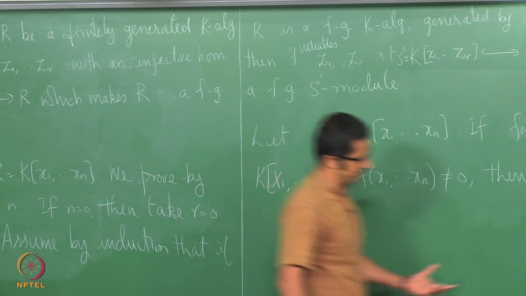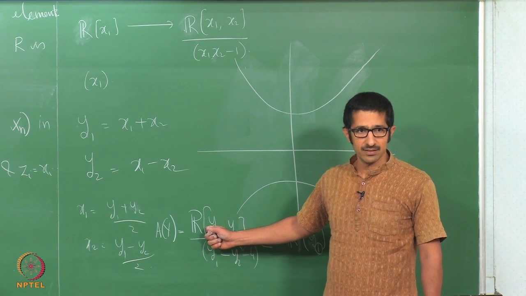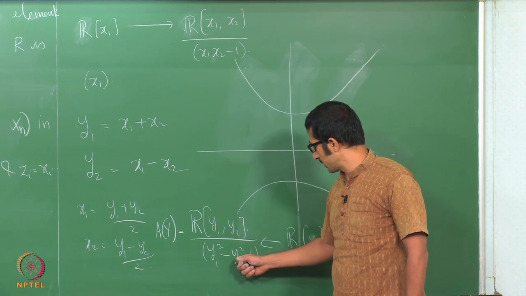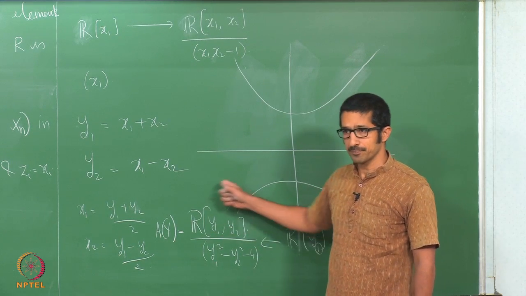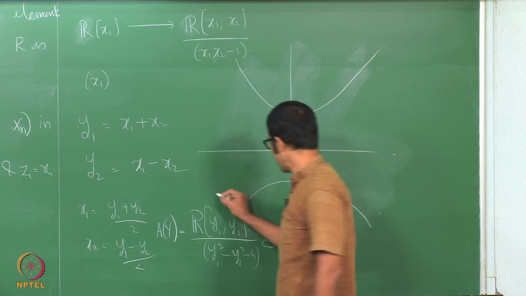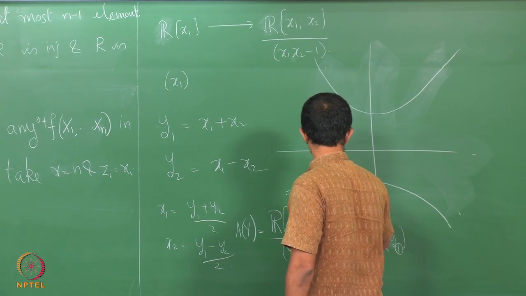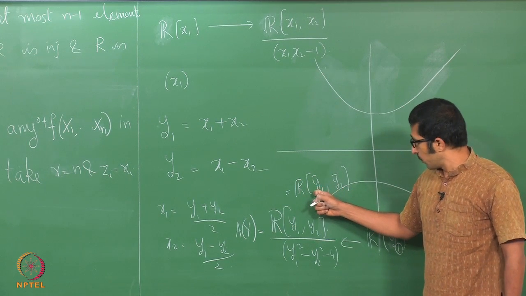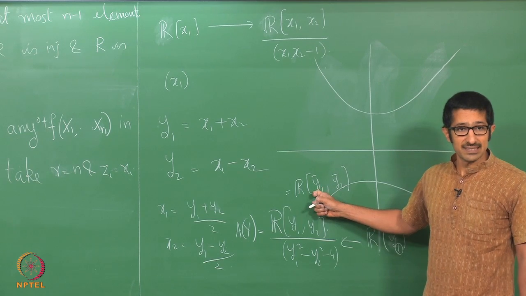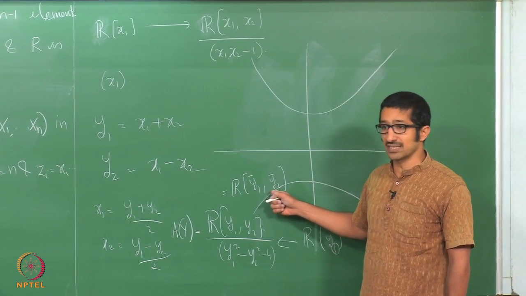See, here there is a relation between y 1 and y 2, right, that is y 1 square minus y 2 square minus 4 is 0 on this ring. So, I can write this as R y 1 bar y 2 bar, but in this one y 1 alone does not have a relation, y 1 y 2 satisfies a relation.